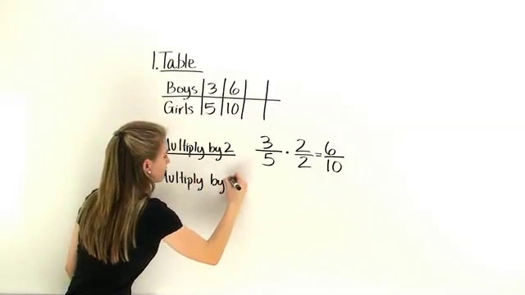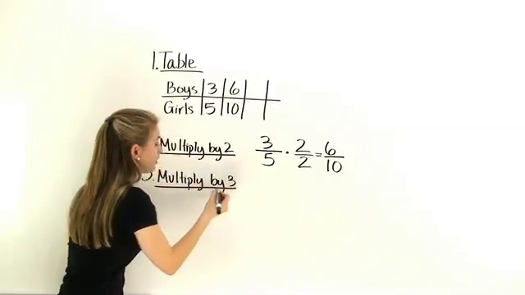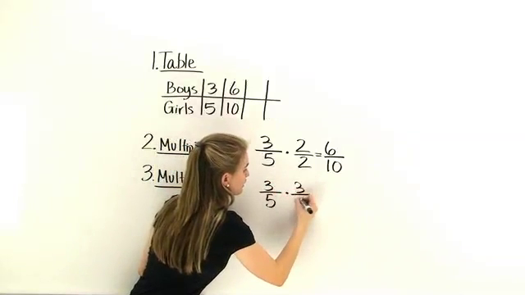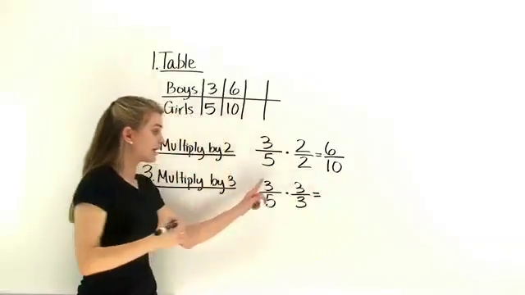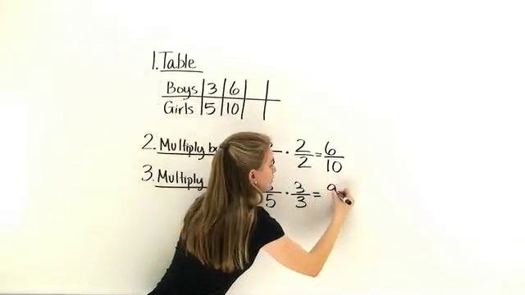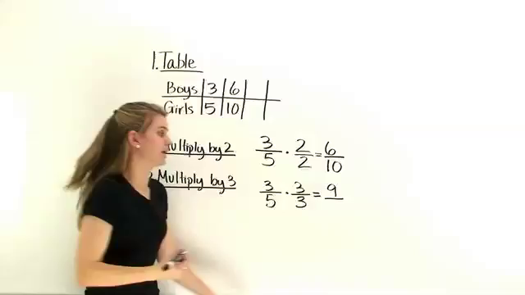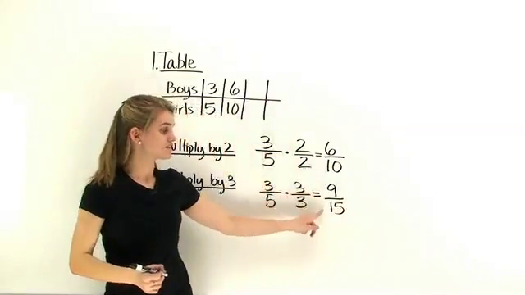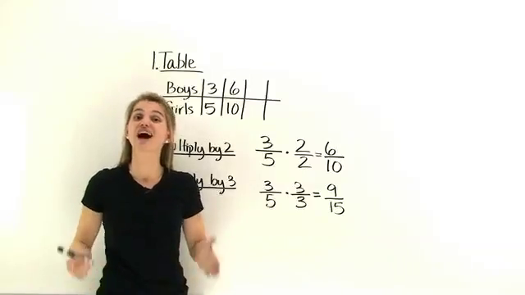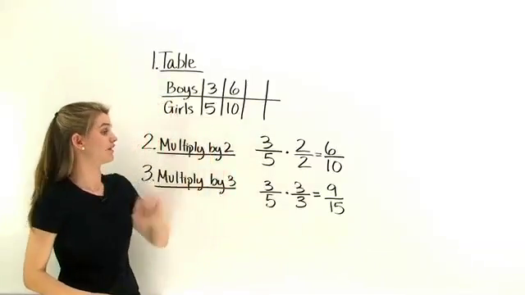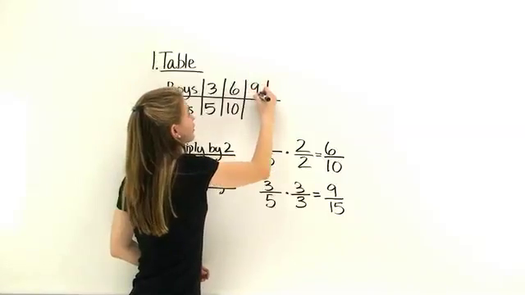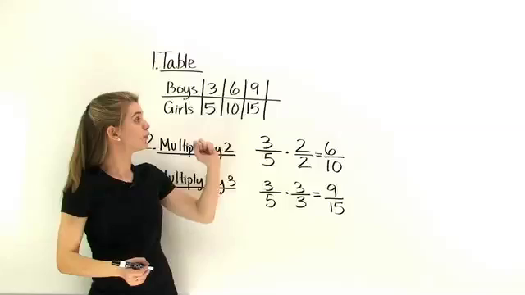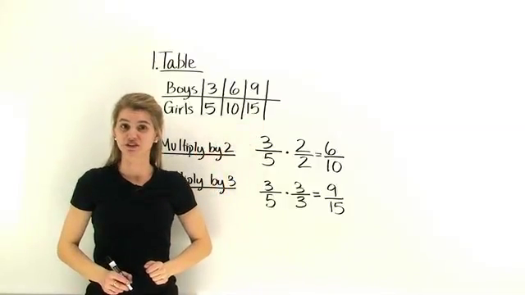If we multiply both parts by 3, well, we multiply 3 by 3 and 5 by 3. 3 times 3 is equal to 9. 5 times 3 is equal to 15. So we get the ratio 9 to 15. This is another equivalent ratio to the ratio 3 to 5. So we have another equivalent ratio. This tells us in the class if there were 9 boys, there would be 15 girls.